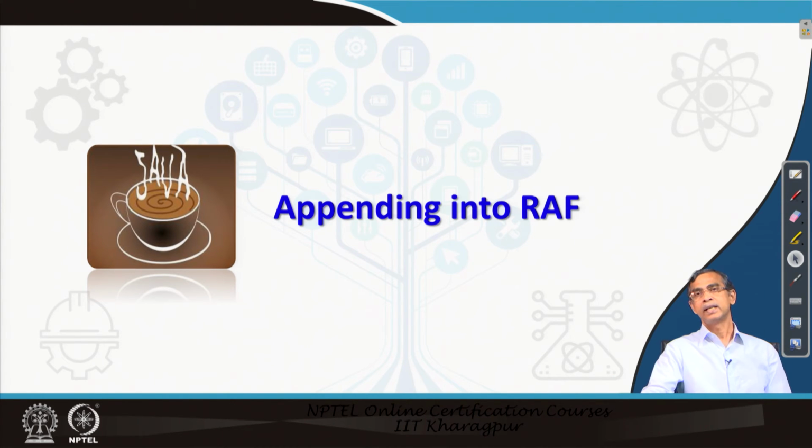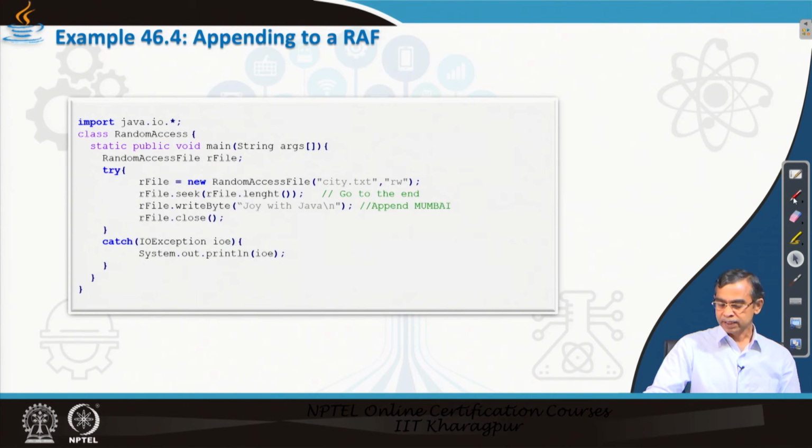This is why it can be opened in read mode, write mode, read and write mode, but there is no append mode which allows you to open a random access file. Now, this is one example that I can give you for an illustration of how a file can be opened and then some data can be appended there.